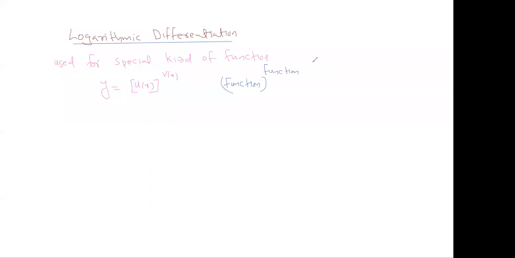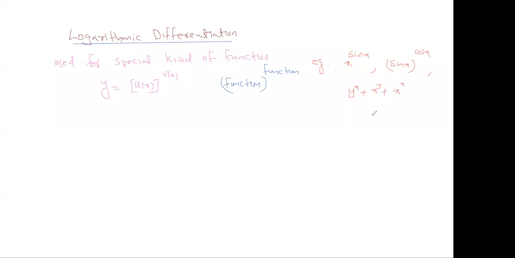For example, x to the power sin x. So x is a function, sin x is another function. One function has another function as its power. Or sin x to the power cos x. Or y to the power x plus x to the power y plus x to the power x.